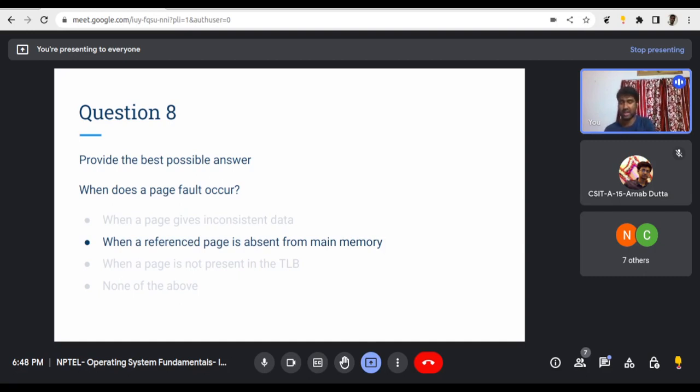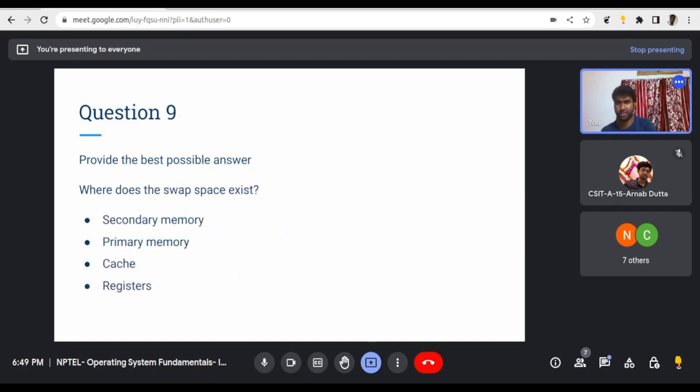In those cases, the concept of virtual memory comes into play, which gives the virtual idea that the complete secondary memory is actually the main memory. It is not true, but in order to clarify the picture a bit, it can be thought of that way. So when a page is totally absent from the main memory, that's when the page fault occurs.